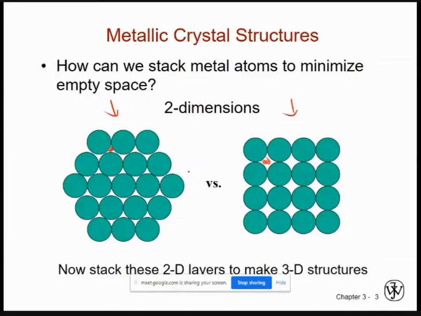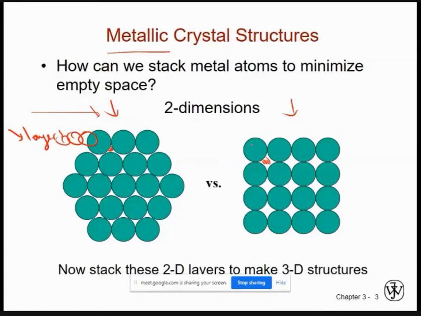I said metals because we will mainly analyze crystal structures in metals. So imagine atoms are arranged in this way, like this over here, and we are stacking another layer onto it. So I will have a second layer, a third layer, and a fourth layer above it.